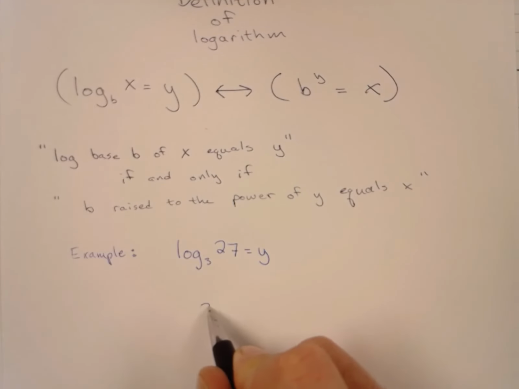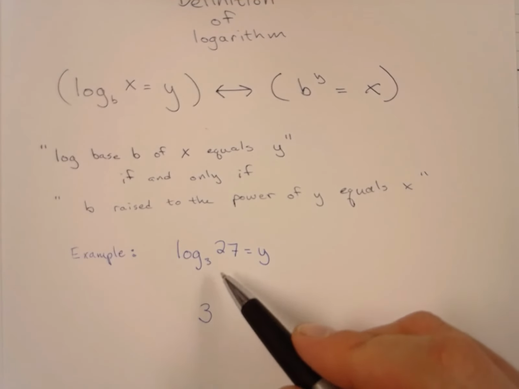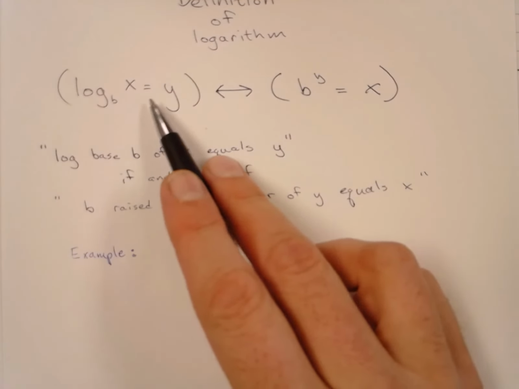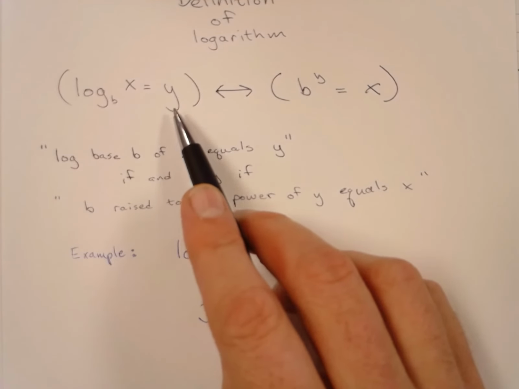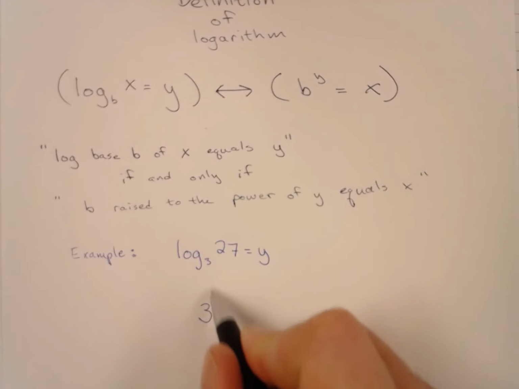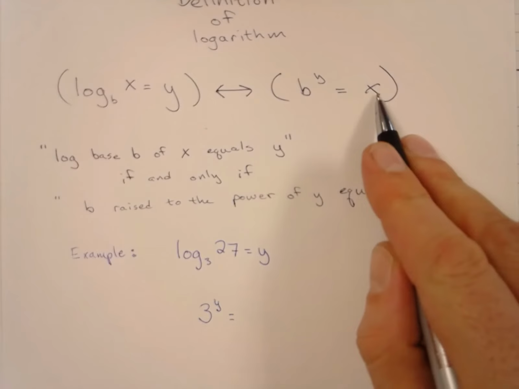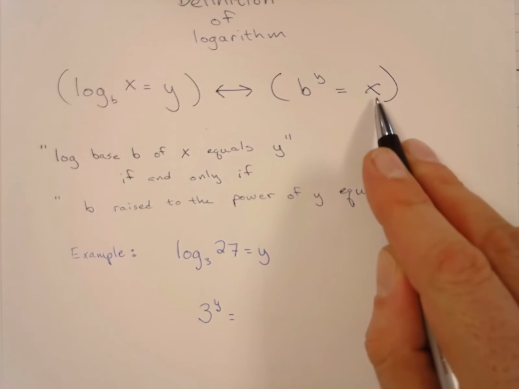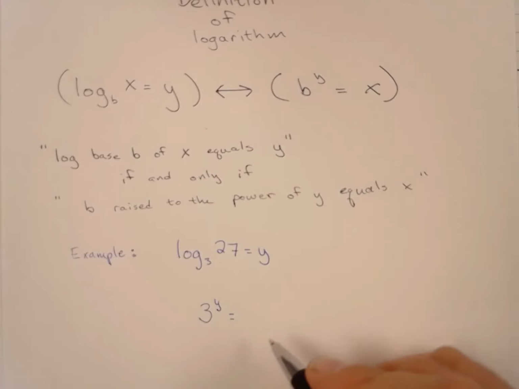So the base is going to be 3 when I convert to exponential form. And then the y, the thing all by itself on the equal sign in the logarithm equation, is the exponent in the exponential equation. And then we have our equal sign, and then the answer in the exponential form is this number that's at the end of the logarithmic expression. So in this case, that's just plain old 27.